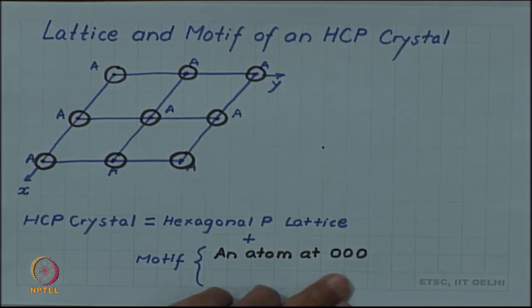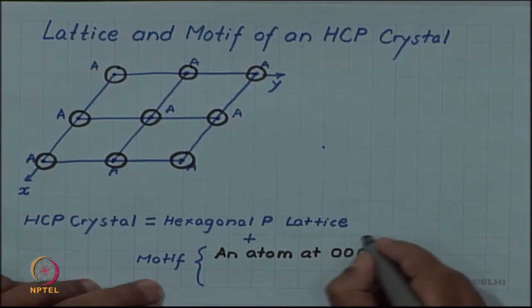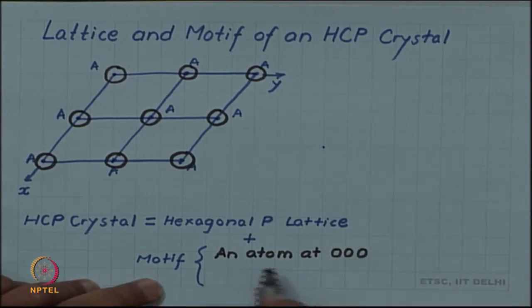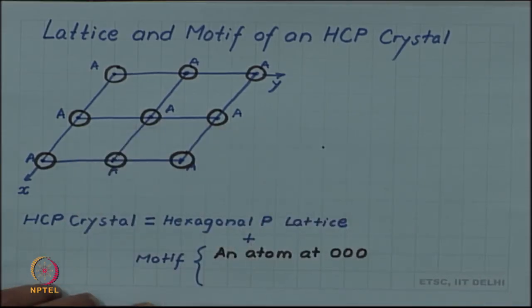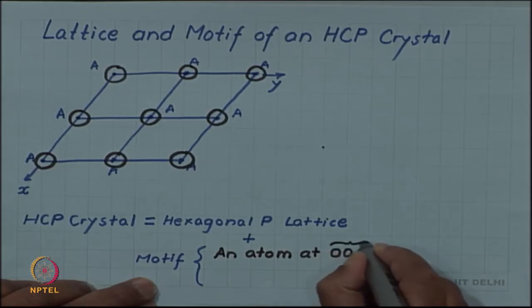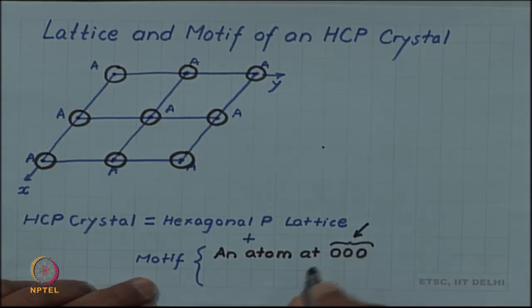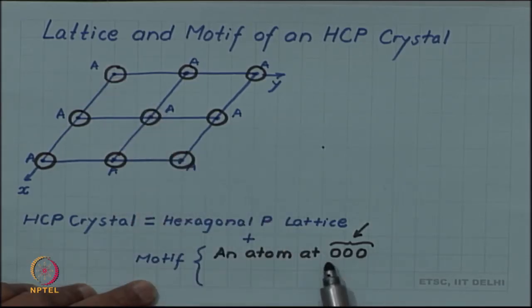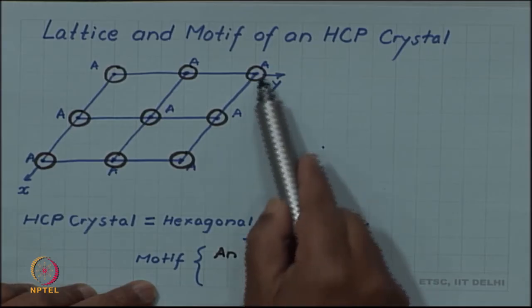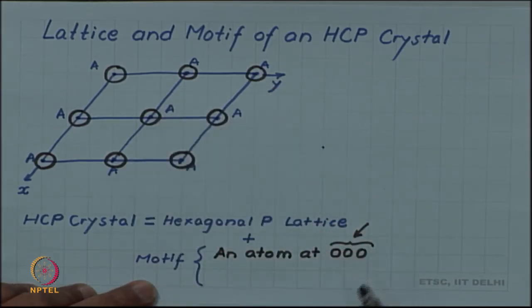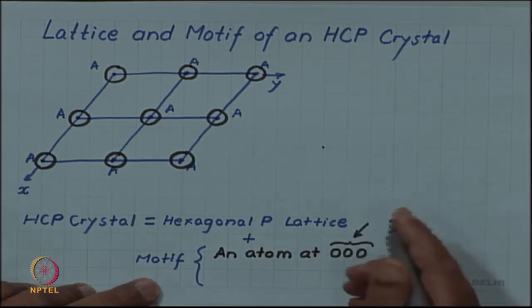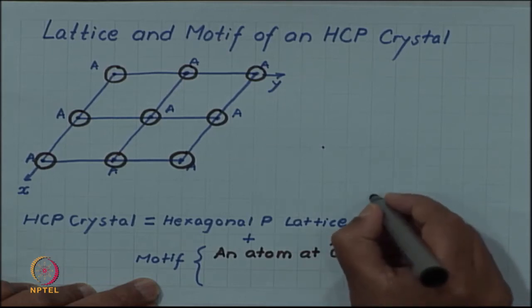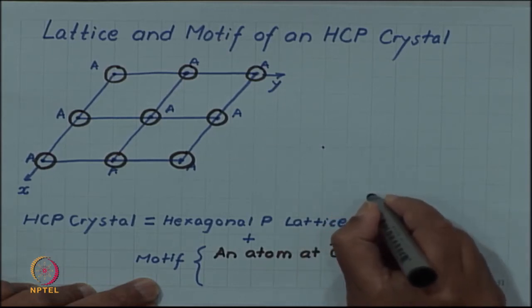The meaning of this phrase is that at each lattice point there is an atom, and that is my A atom. So, O O O really does not indicate that there is only one lattice point at the origin. With respect to each lattice point, with each lattice point assumed as origin, I place an atom. So, these coordinates which I have shown here are not some sort of absolute coordinate, but with respect to each lattice point. So, these are displacement.